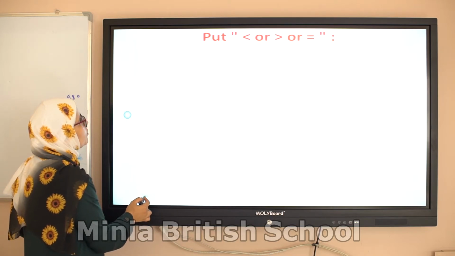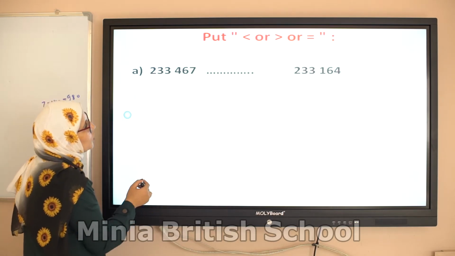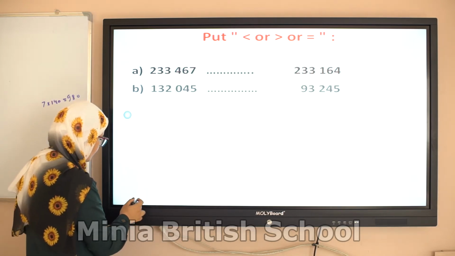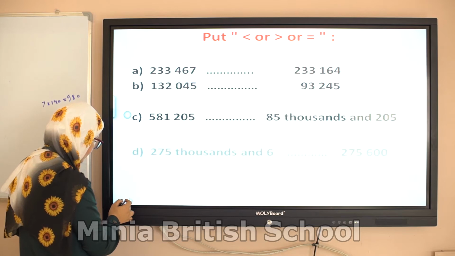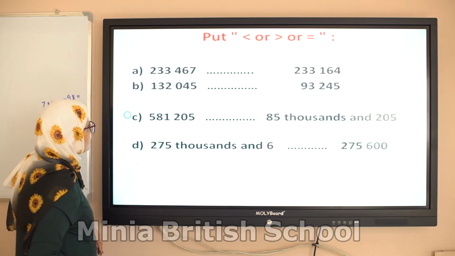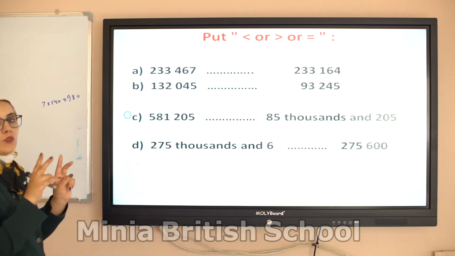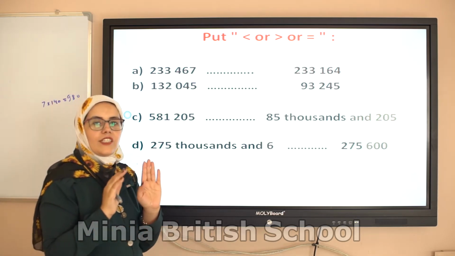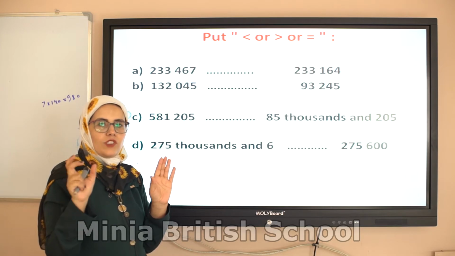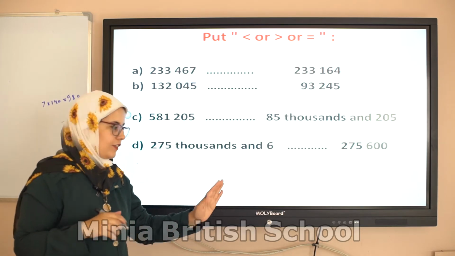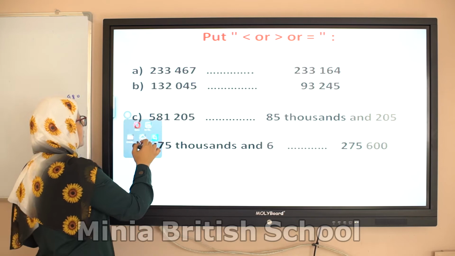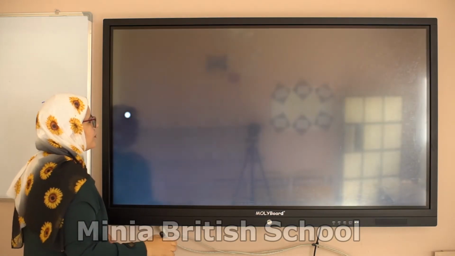Let's see. Another type of question: bigger than, smaller than, or equal. The first one here. Actually, to compare two numbers, the first thing you will look at is the number of digits. I will give you an example on the whiteboard.